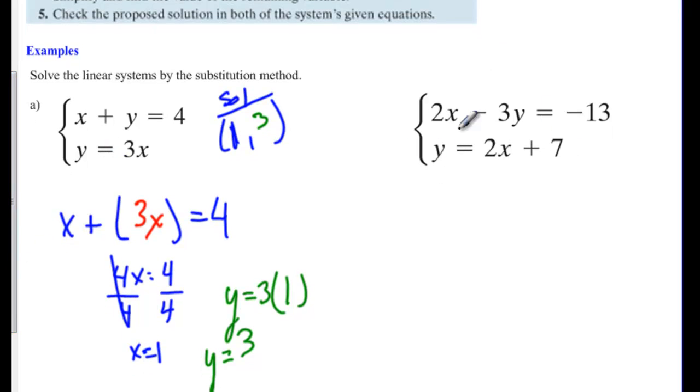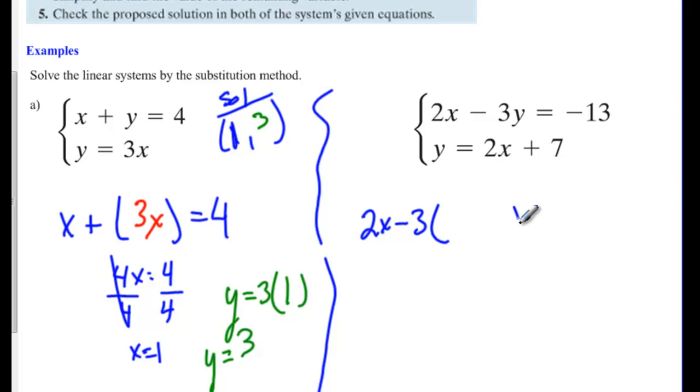All right, and again, they were nice enough to go ahead and solve for one of the variables for you. So they already said y equals 2x plus 7. So I'm going to rewrite this top one, and instead of the y, I'm going to leave parentheses. So we've got 2x minus 3 times y, but instead of the y, I'm leaving parentheses, equals negative 13.